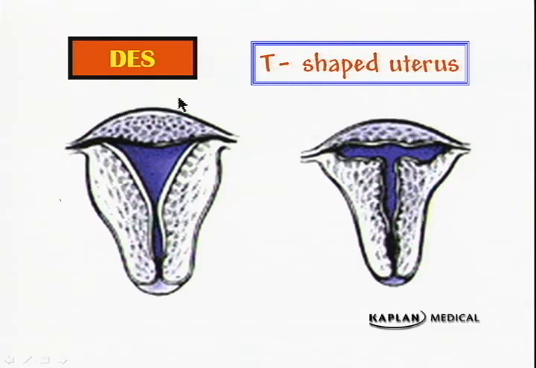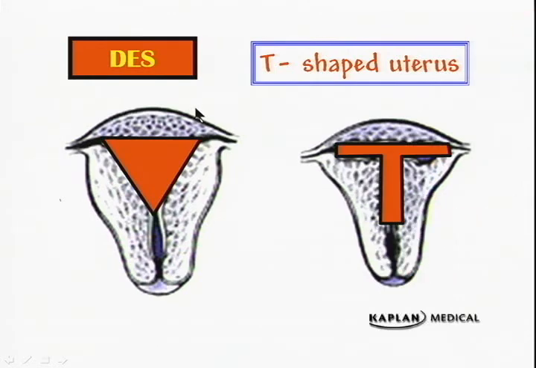What are the impacts in a teratogenic way of diethylstilbestrol? Here we have a normal-shaped triangular uterine cavity. With a DES-exposed uterus, what do you see? A T-shaped uterus. That would be worth remembering for the boards. Another finding, which is probably more serious, is increased risk of clear cell carcinoma.